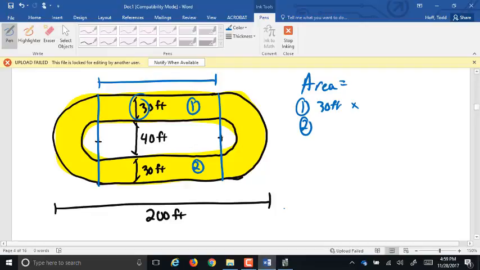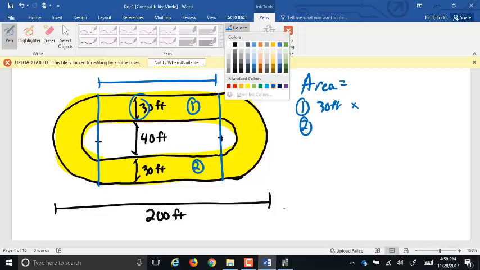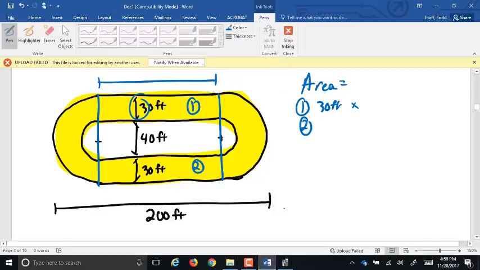Did we come up with that? Well, let's step back. What is the radius of this large circle? Let's go one step further back. What's the radius of the small circle? Half the 40 or 20 feet.